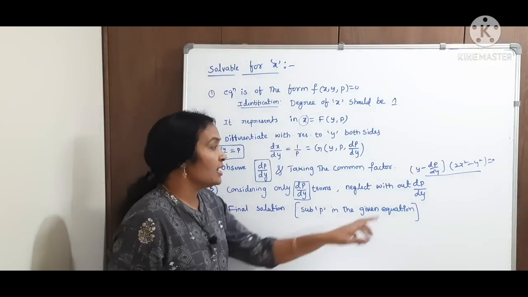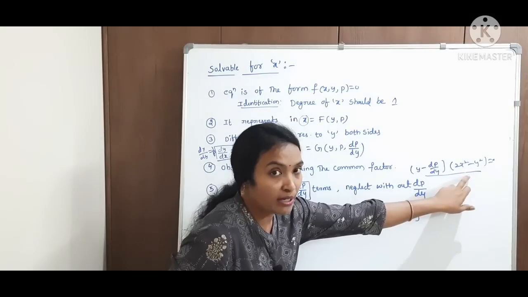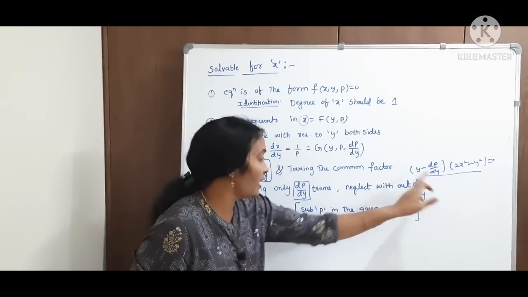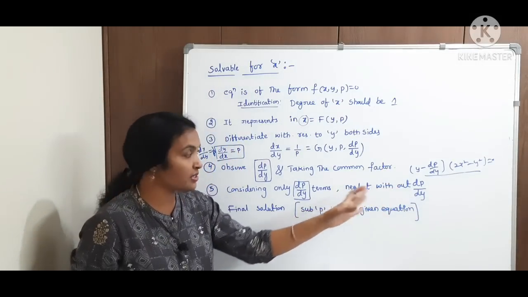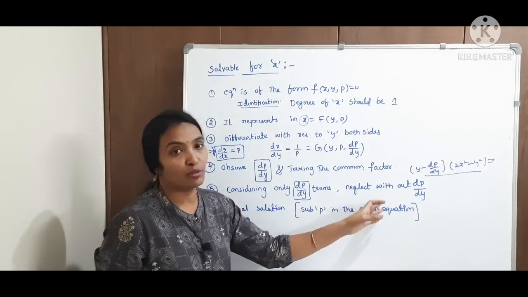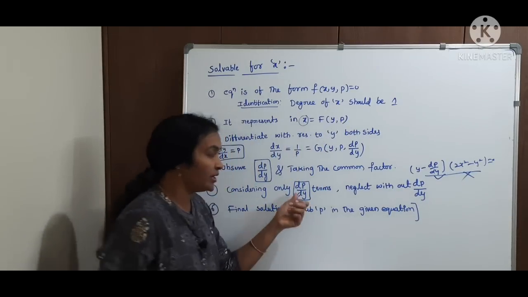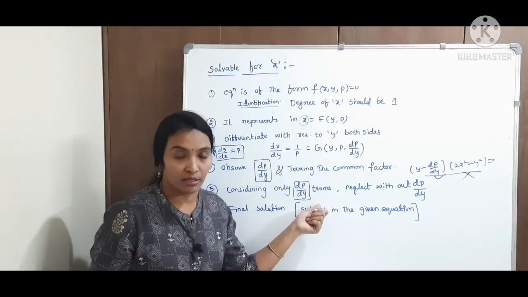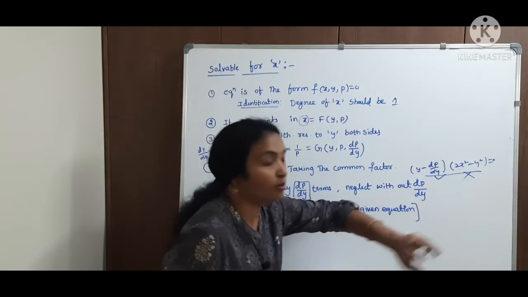In this case, is it possible to solve this? No, there is no dp by dy. If dp by dy is there, considering that term, then separating the variables, then applying the integration, you will get the solution. This is not applicable. Is it clear? Consider only the dp by dy terms. Without dp by dy, you need to neglect those terms.